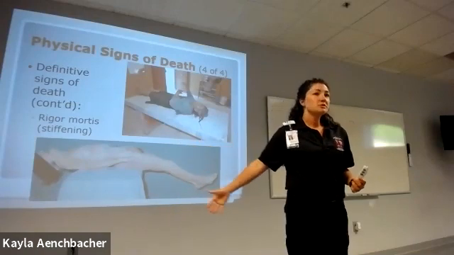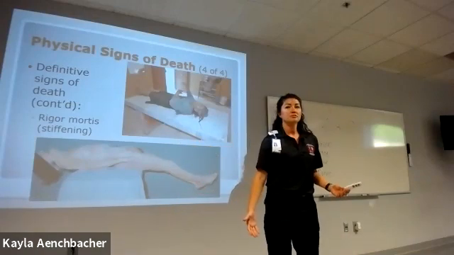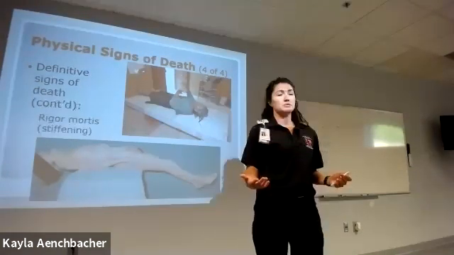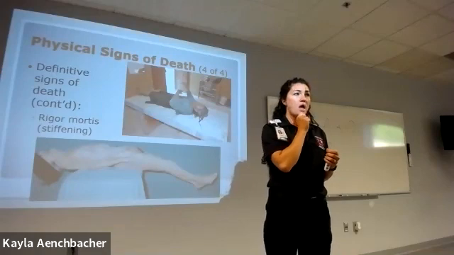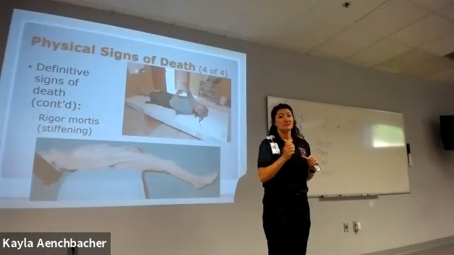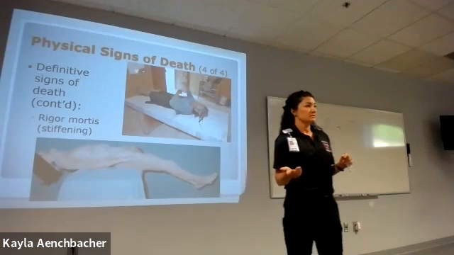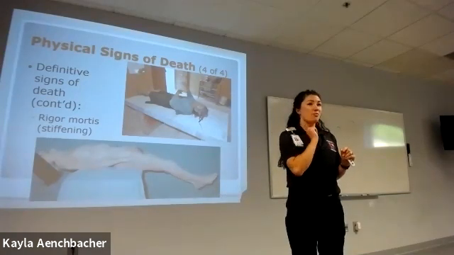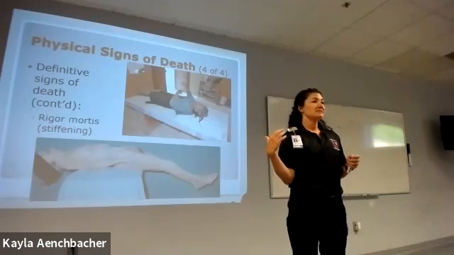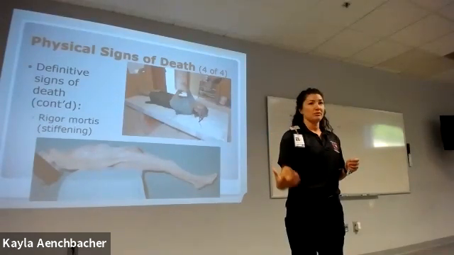So if you go up to a patient who is lying unresponsive, typically one of the first places that we check for rigor, that's what we call it, is the jaw. If I can freely open and close the jaw without any resistance, then I might work this arrest, right? But if I can't open that jaw because it feels like it's just kind of sealed shut, they've been dead for several hours. I can't bring that back.